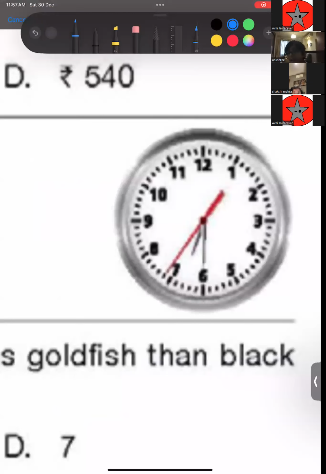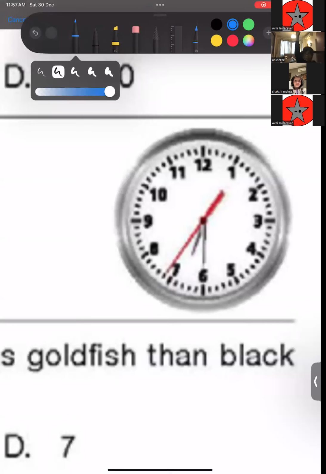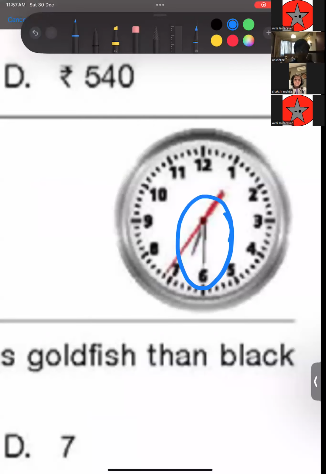Ma'am, 6:36. Yes. It is just 6:30. Who gave the answer? Tell me the name. Kabir. See, this is 6:30 and the red one was the seconds hand.